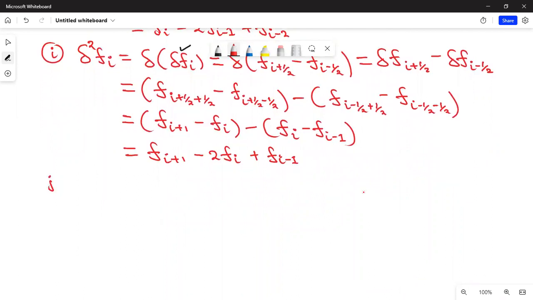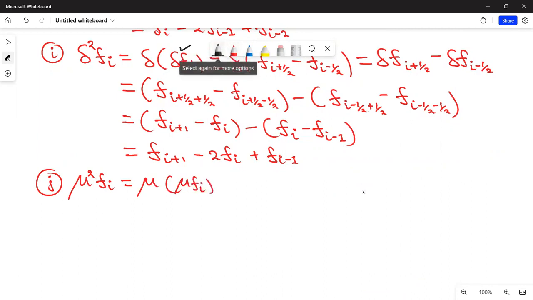But now we have mu operating on fi twice. This is mu of another mu of fi. So here, check how we define the averaging operator operating on fi. So this will be the same as mu of f. Remember, there was 1 over 2, fi plus 1 over 2 plus fi minus 1 over 2, and this is divided by 2.